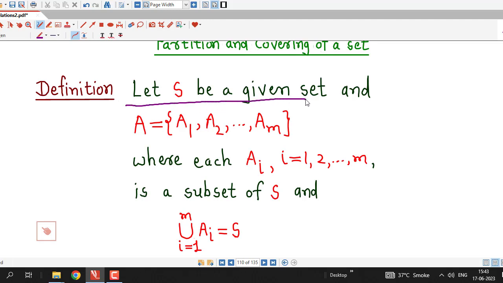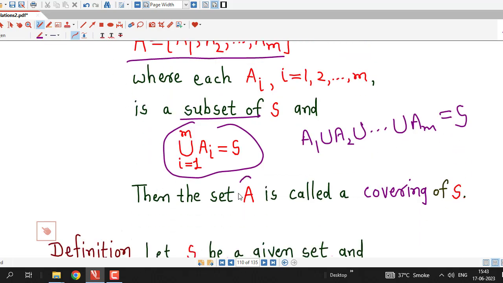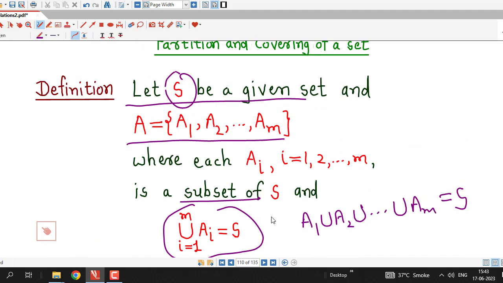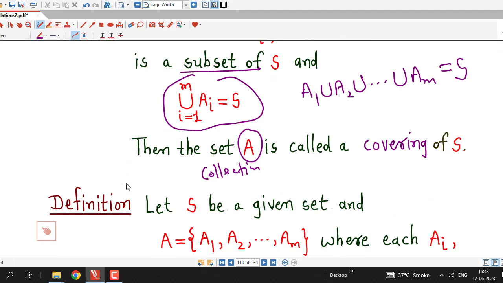Let capital S be a given set, and suppose we have this collection of subsets of S, A1, A2 up to Am are subsets of the given set S, and their union is the set S, that is, A1 union A2 union and so on up to Am is equal to S. Then the collection A is called a covering of S.